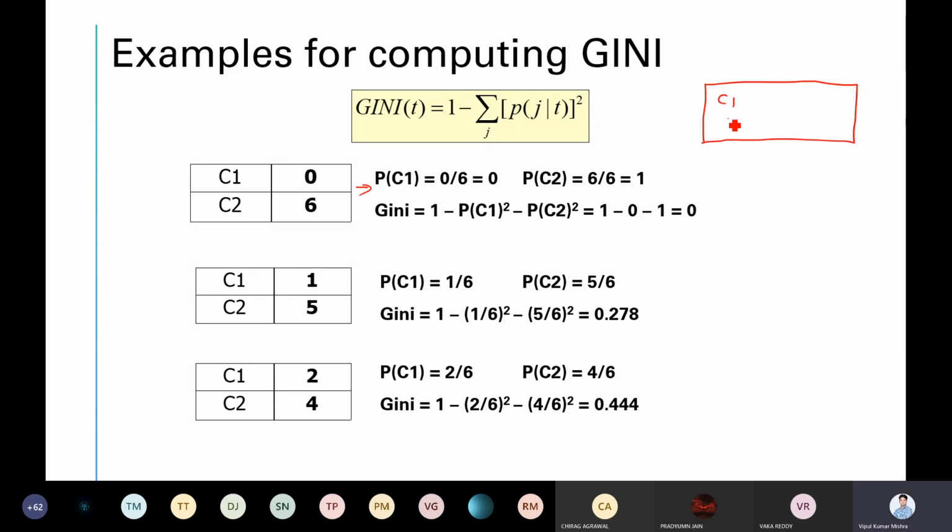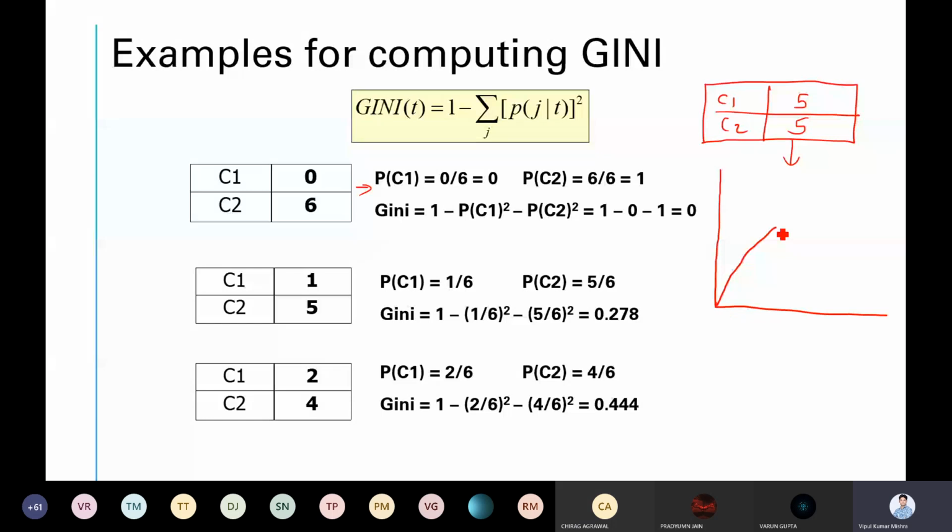C1, C2, 5, 5. What will be the Gini impurity for this? Sir, 0.5. 0.5, right?